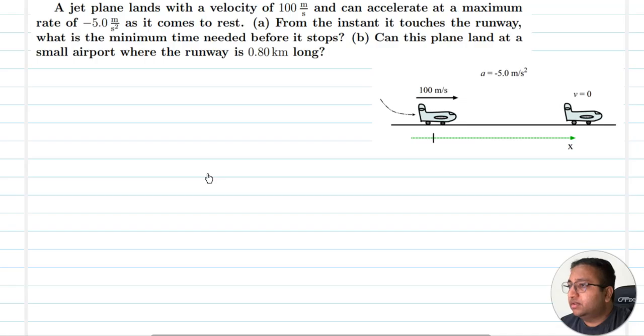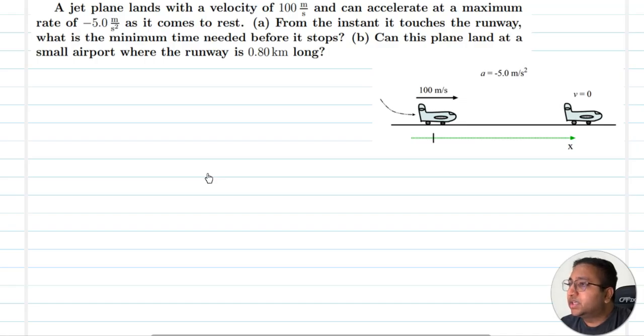So the initial velocity at which the jet plane lands on the ground is 100 meters per second, and it is retarding at an acceleration of -5 meters per second squared so that it comes to rest at a certain time.